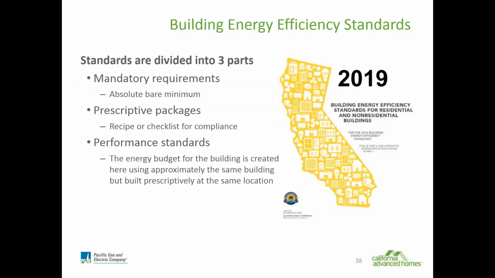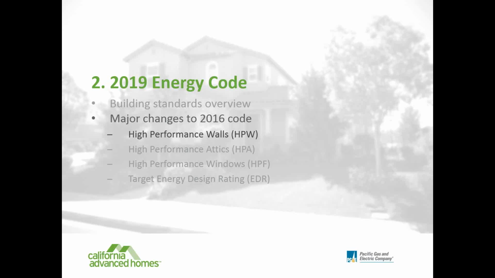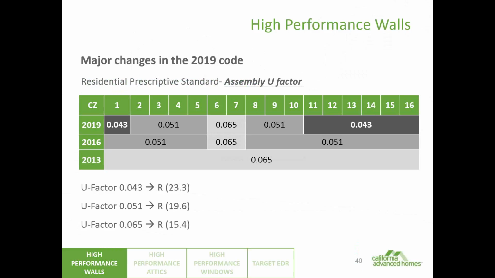So most of the changes in 2019, all the changes I've seen so far for the prescriptive packages, not the mandatory packages. So the nitty-gritty for what these changes really are. Major changes to the 16 code or in the 2019 code. So this is the wall assemblies.